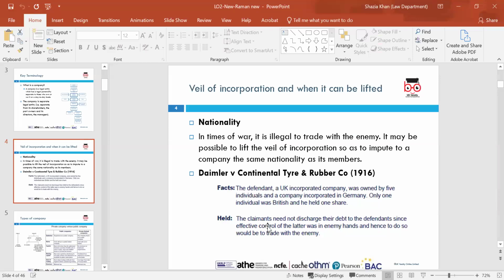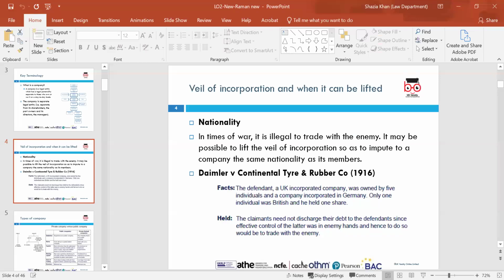This case first affirmed that the company had limited liability with the corporate veil. So, piercing the veil of incorporation: when an exception applies to the protection given by limited liability, it's referred to as piercing the veil of incorporation, which means lifting the corporate veil, raising the curtain of incorporation.